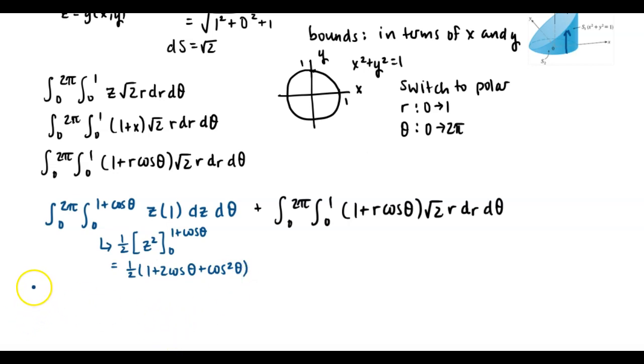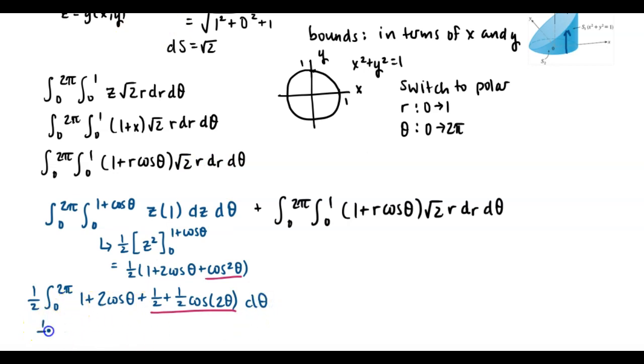So let's pull out the 1/2. We're going to get 1/2 times the integral from 0 to 2 pi of 1 plus 2 cosine theta. And because I know I can't integrate this cosine squared of theta directly, I'm just going to use the double angle identity and call this plus 1/2 plus 1/2 cosine of 2 theta. We've seen this identity enough. d theta.